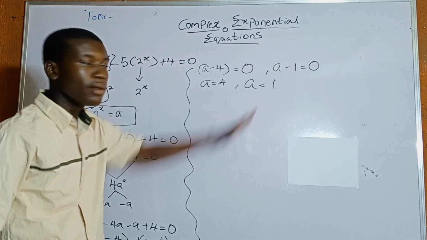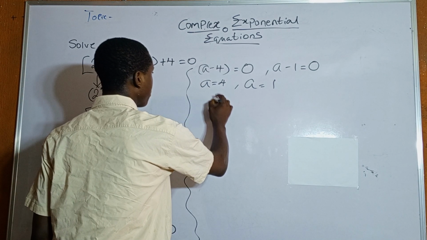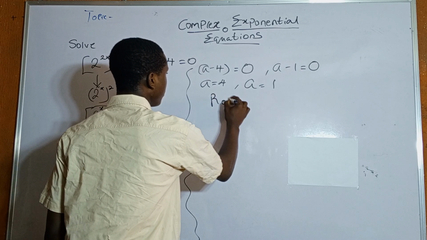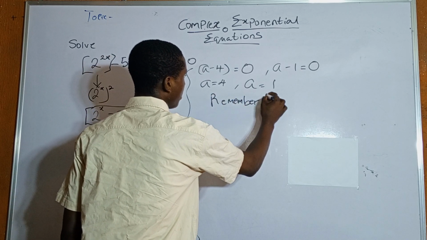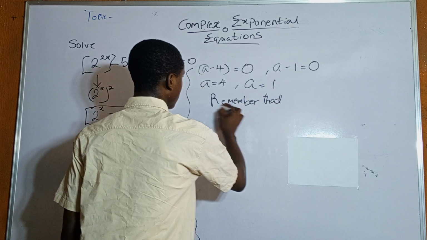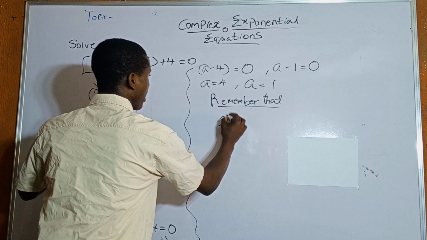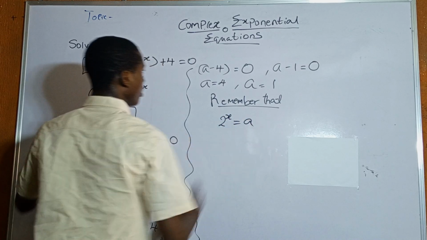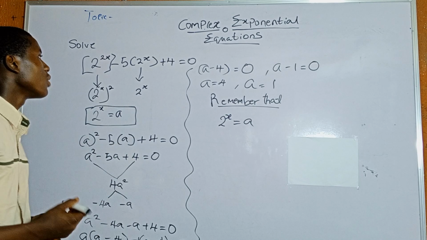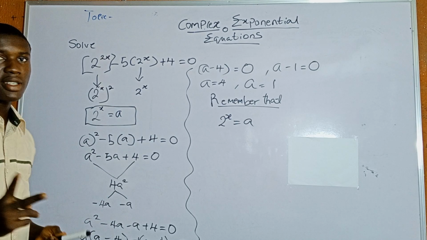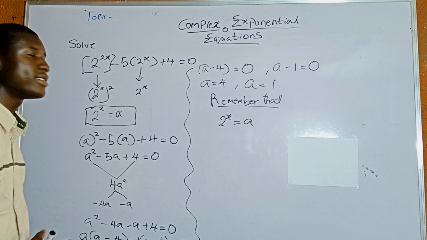When we got here, we can now go to the last step, which is, remember the law: 2 raised to the power x equals a. So for your quadratic equation, we'll be having two answers. But when we did the simple equation, we had just one answer.